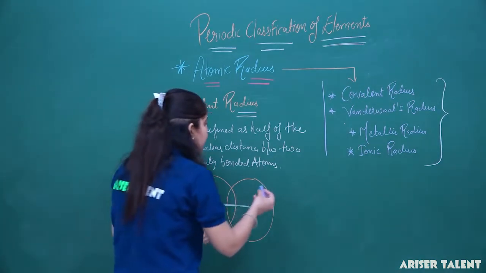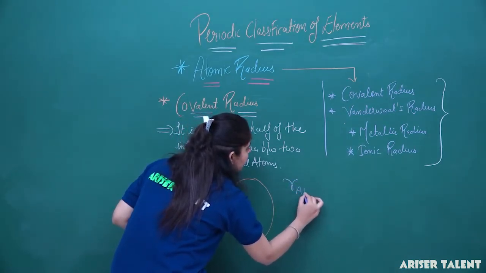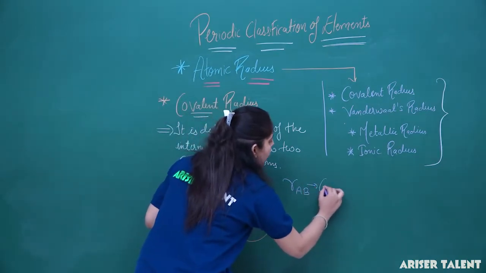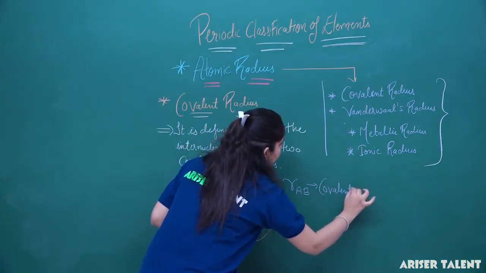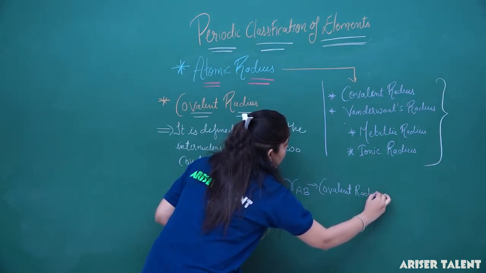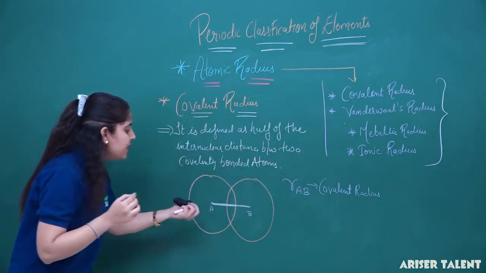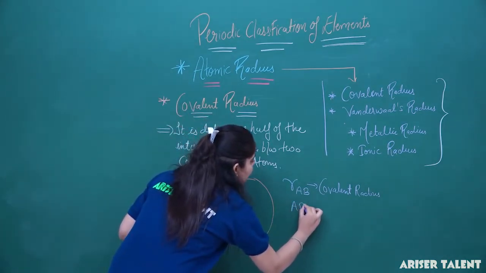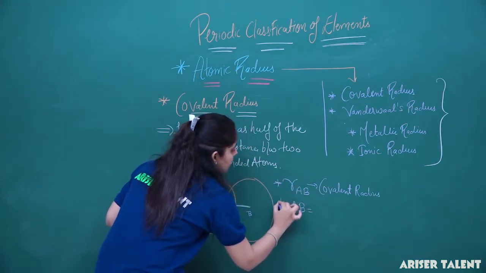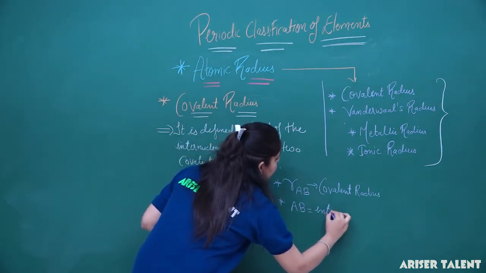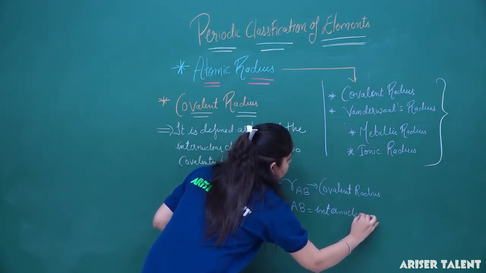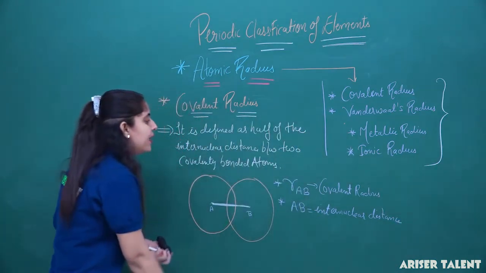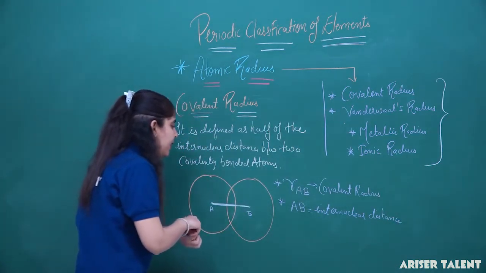So, I can write here RAB, which is the covalent radius, and this RAB will be equal to half of AB, where AB is the internuclear distance.